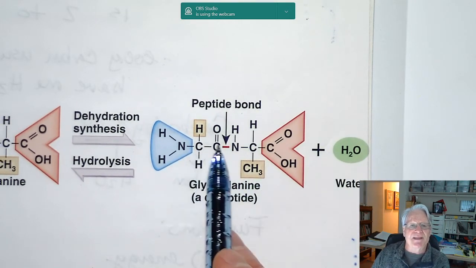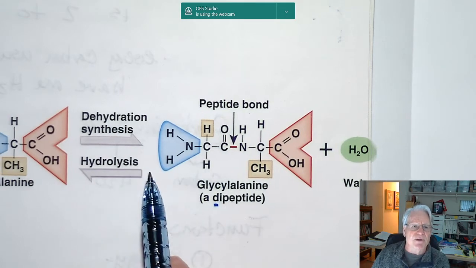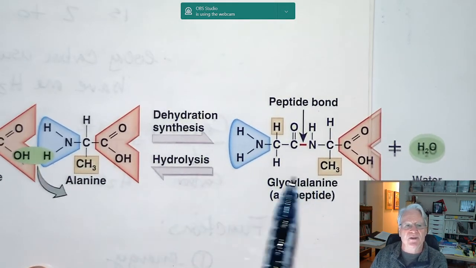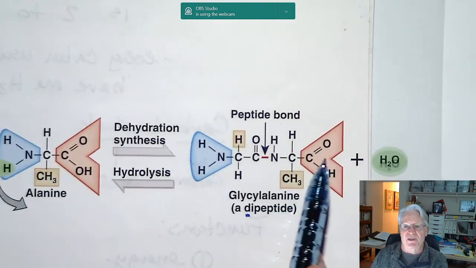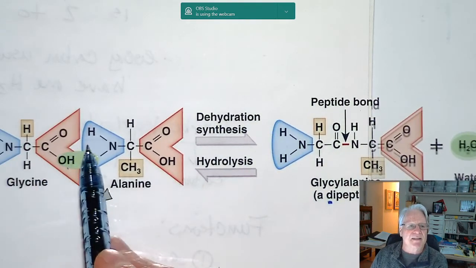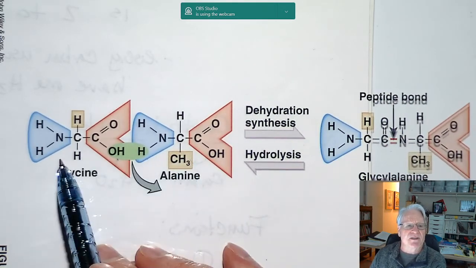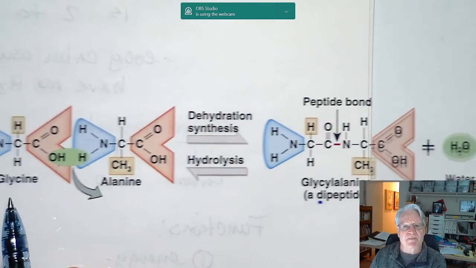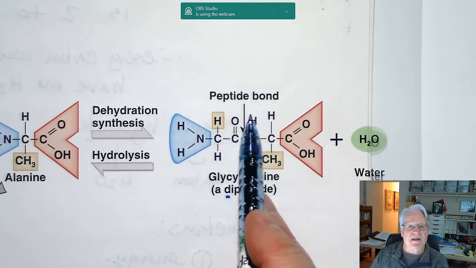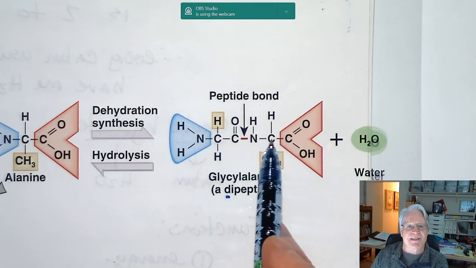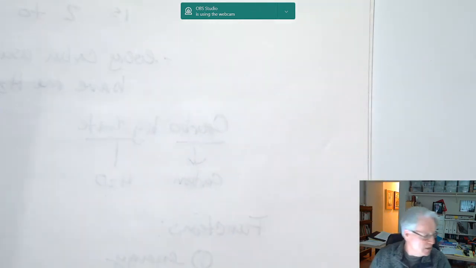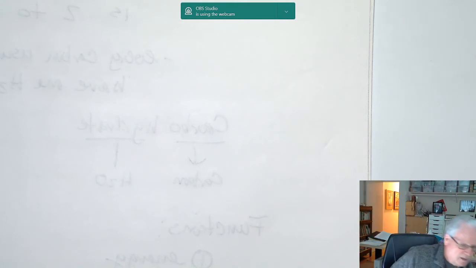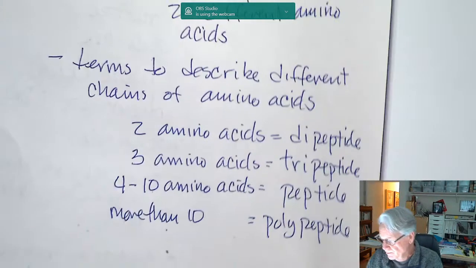Now, if I wanted to break these two apart, going backwards, hydrolysis, splitting the water and adding it here, I get my 2 individual amino acids. Okay? So a peptide bond is that special bond that holds 2 amino acids together. Okay? So let's go ahead and get that into our notes.